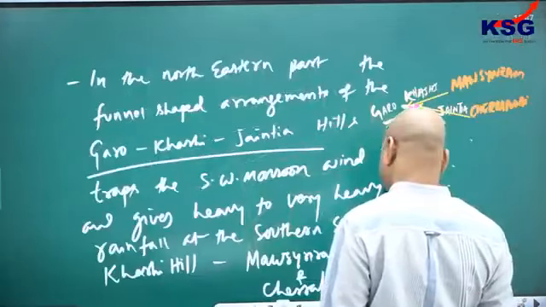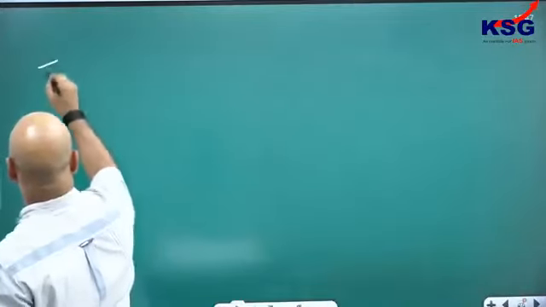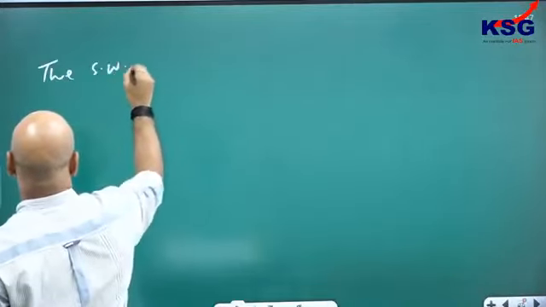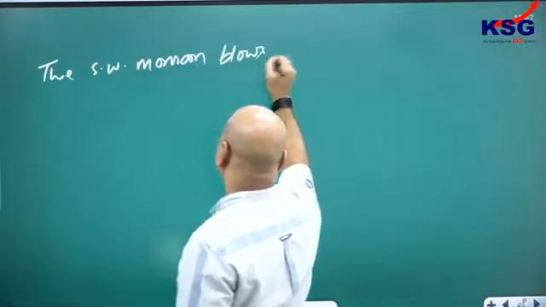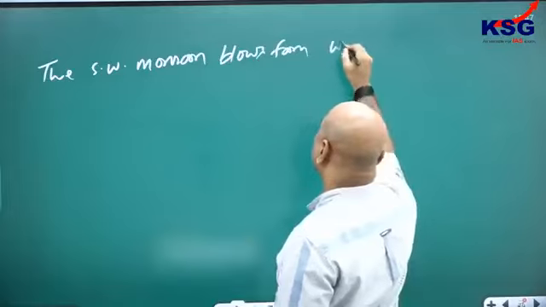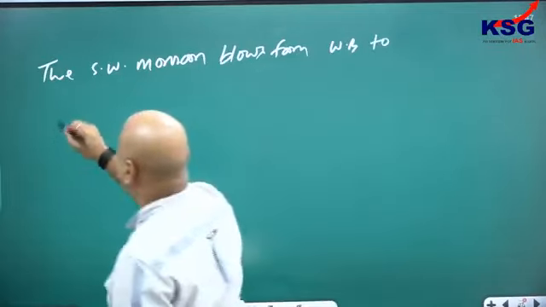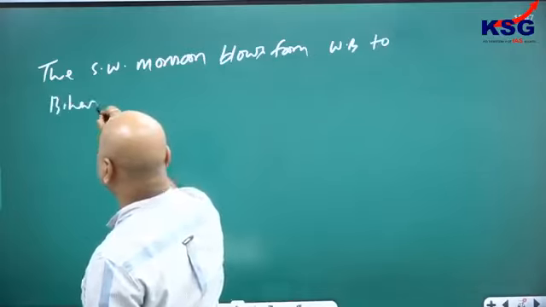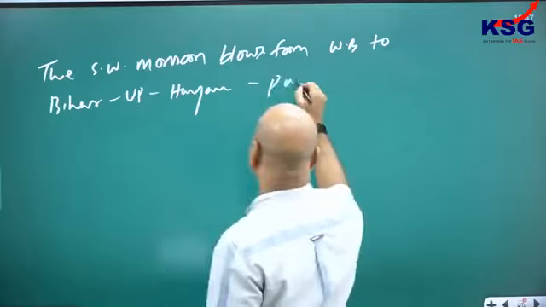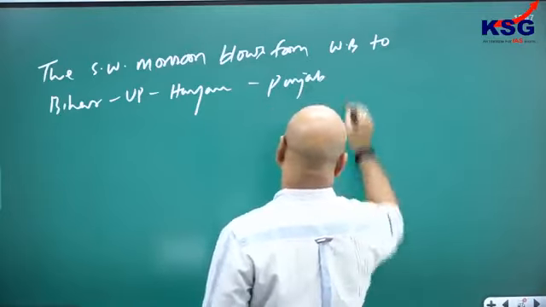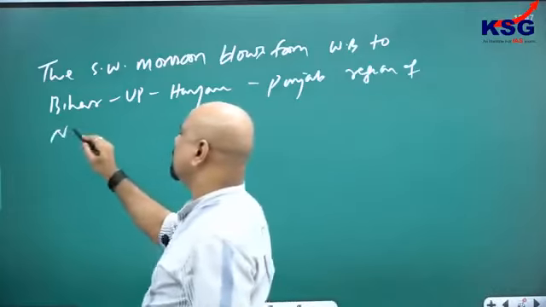So you can say here that the southwest monsoon blows from West Bengal to Bihar, UP, Haryana, Punjab regions of North India.